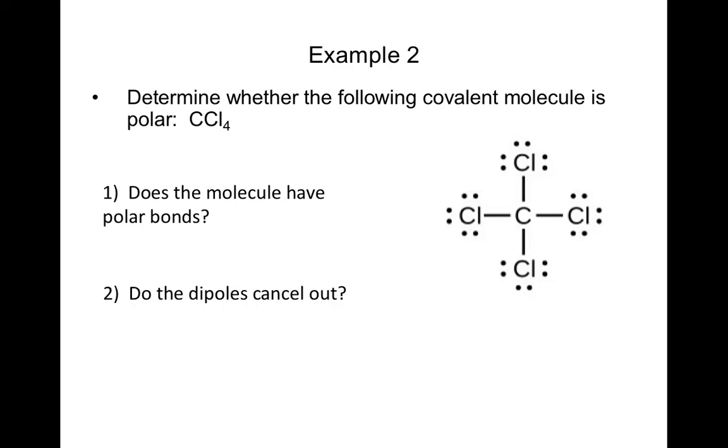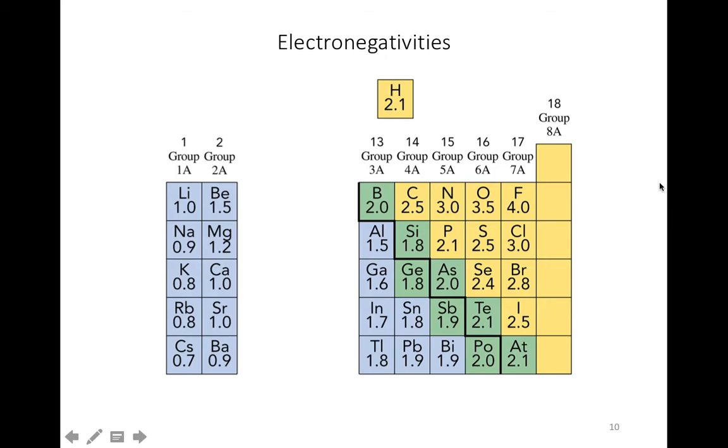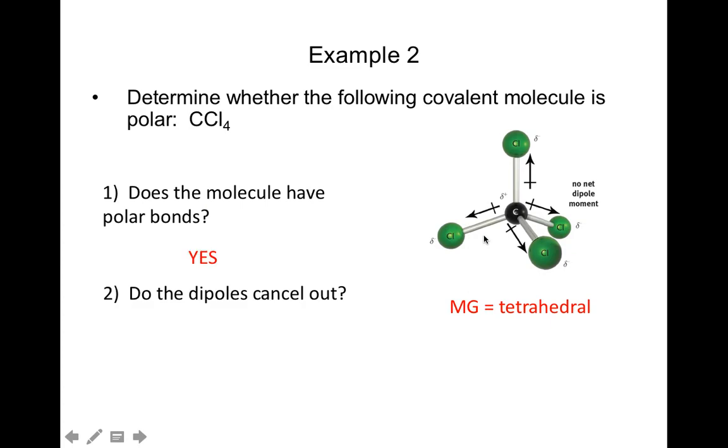Here's carbon tetrachloride. I've already given you the Lewis structure. The electron geometry and shape are both tetrahedral. Let's see if the bonds are polar. Carbon at 2.5, chlorine at 3.0. So we do have polar bonds. But now when we consider, do the dipoles cancel?